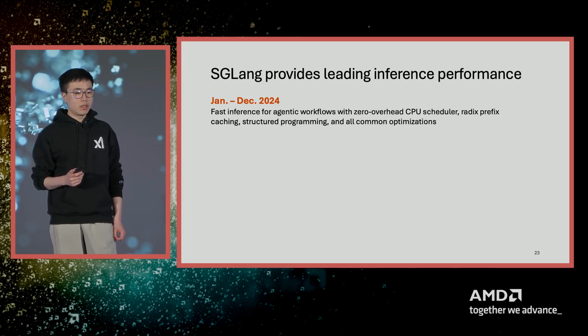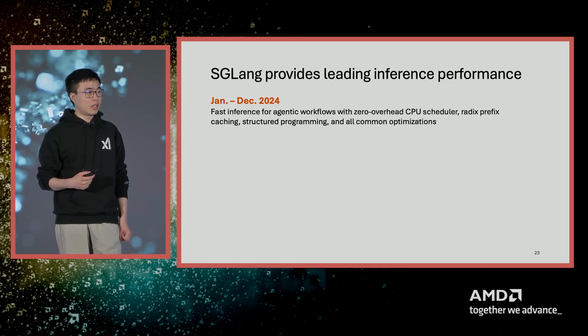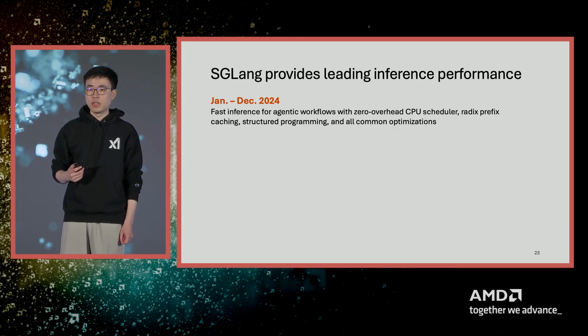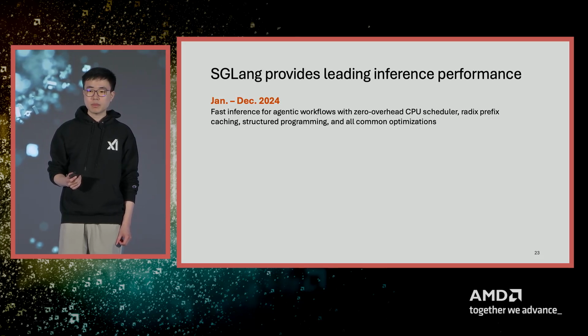Here I want to give a high-level brief overview of the history of this project because it's still a fairly young project. Last year, our focus was to provide fast inference for agentic workflows. So we proposed a lot of novel techniques like the zero overhead CPU scheduler, radix tree-based prefix caching, and faster structured decoding, and all common optimizations from other frameworks.